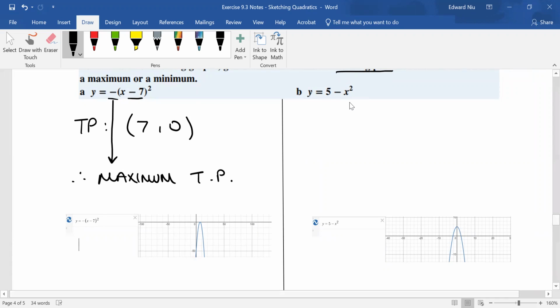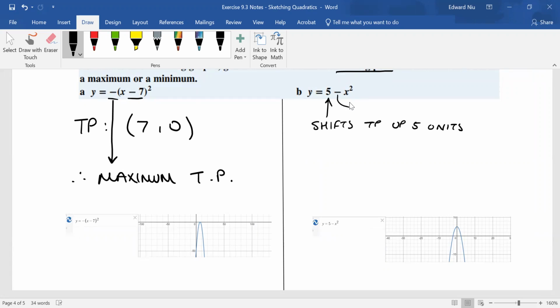The next one here, y equals 5 take away x squared. So what you notice is this 5 here will shift the graph up 5. So it shifts the parabola, the turning point, up 5 units.